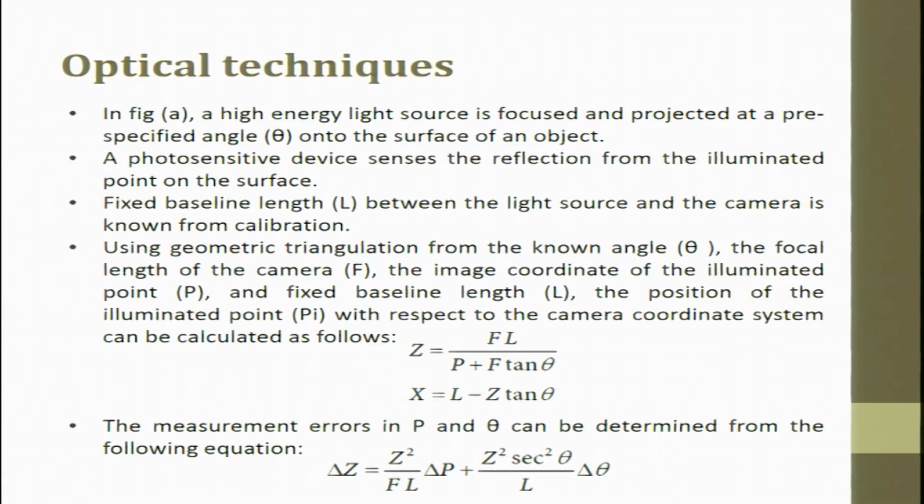So, from figure A, the high energy light source is focused on and projected at a specified angle theta onto the surface. The photo device senses the reflection from the illumination point of the surface.